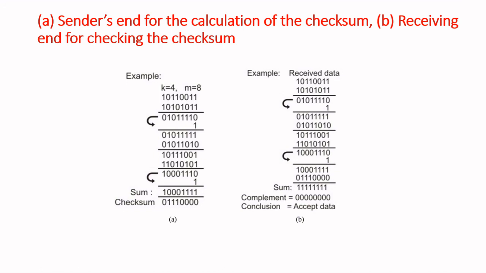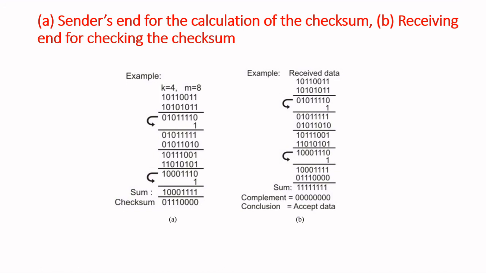When we talk about the transmission of data, the four data words along with this checksum are transferred to the receiver end. The receiver receives how many code words? 5, because 4 are the data words and the fifth one is the checksum calculated, which is also sent.